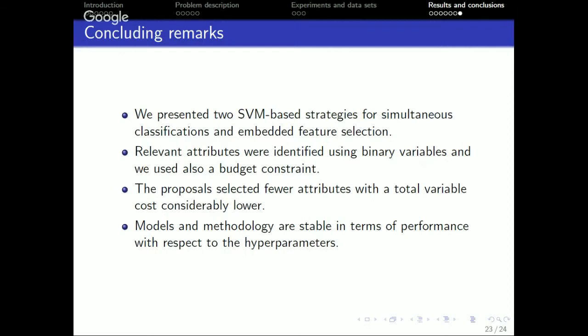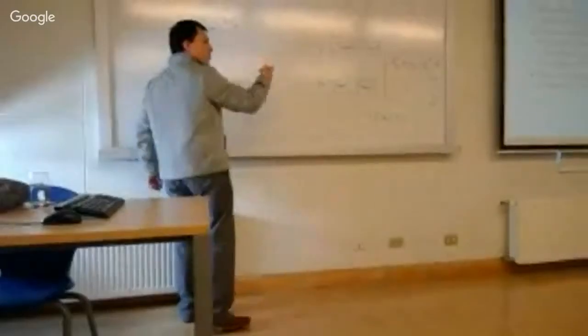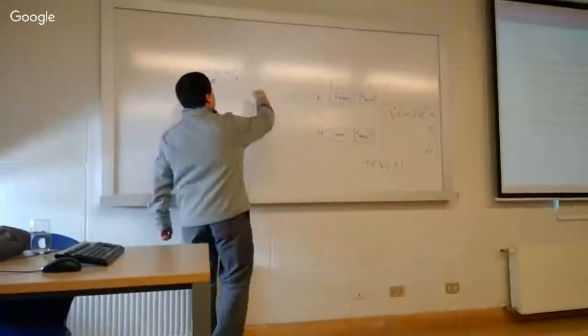Let's take a look at the model. The classic model is you have to minimize the Euclidean norm of the weight of the attributes.